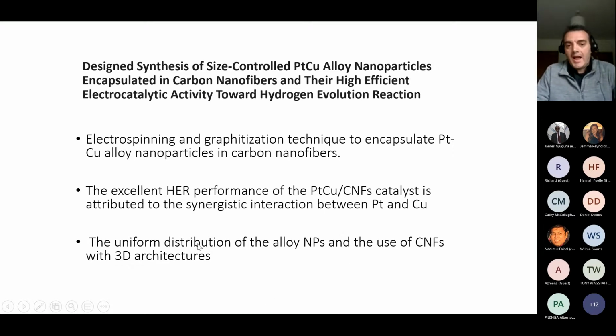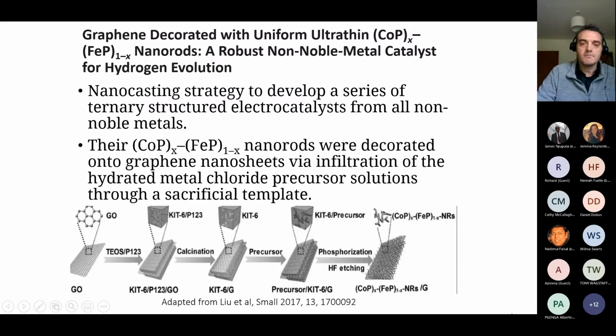Okay. So they also mention the uniform distribution of the alloy nanoparticles, and the use of carbon nanofibers with 3D architecture. We have been missing our friend graphene. So here we are with graphene again. In this particular case, they use cobalt and also a type of nanomaterial, which is nanorods.